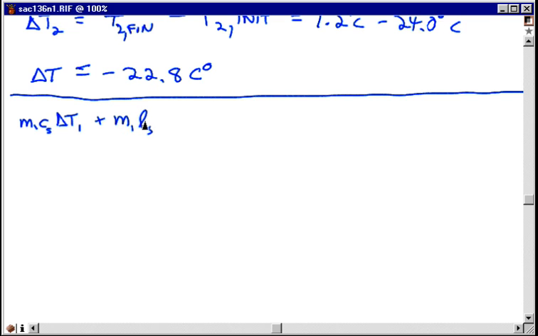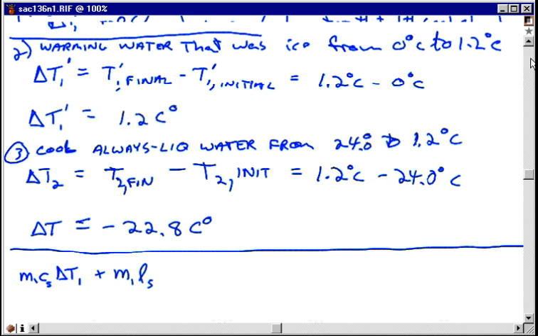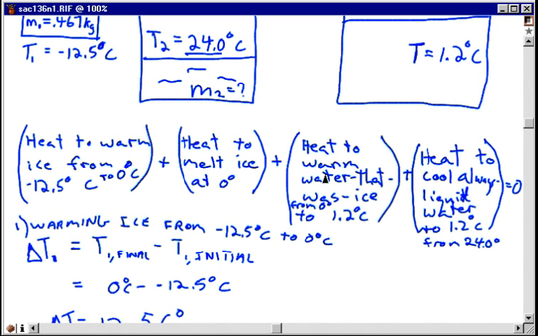This is the mass, and this is the amount of energy per kilogram that it takes to melt it. Over here, this is the mass. The specific heat is the amount of energy per kilogram per Celsius degree that it takes to change its temperature, and then you multiply that times the number of Celsius degrees by which the temperature is changed, and you get the total amount of energy used to bring about that change. And then the third step, another MC delta T. This is the water that was ice, so it's still M1.